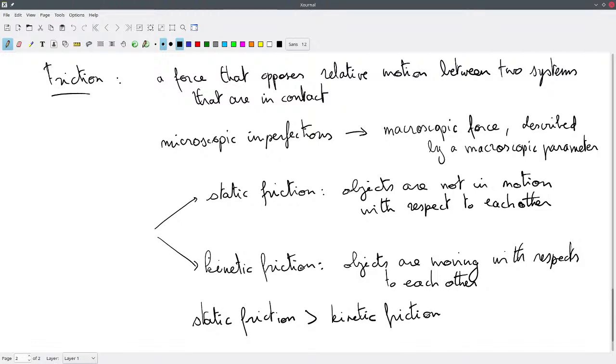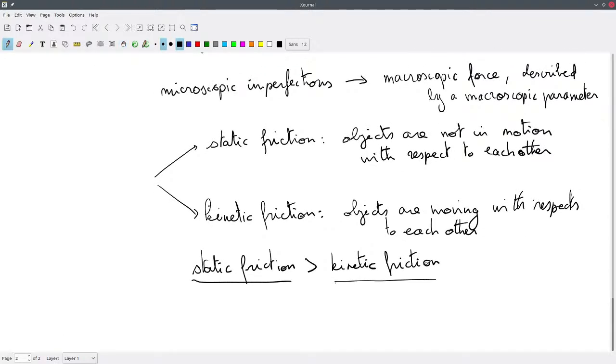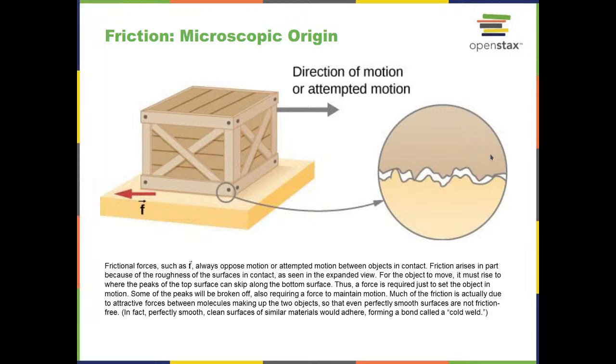In other words, it takes a larger force to overcome the static friction, but once it's moving, you can maintain the motion with a smaller force to overcome the kinetic friction. This is a property of friction that is very general, and in particular when talking about contacts between surfaces.